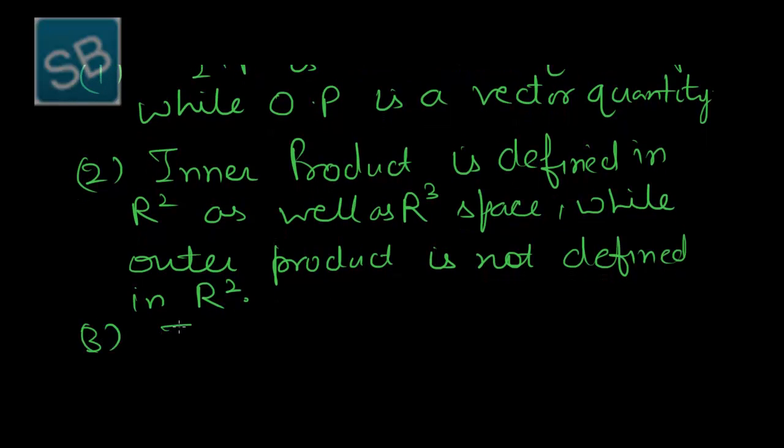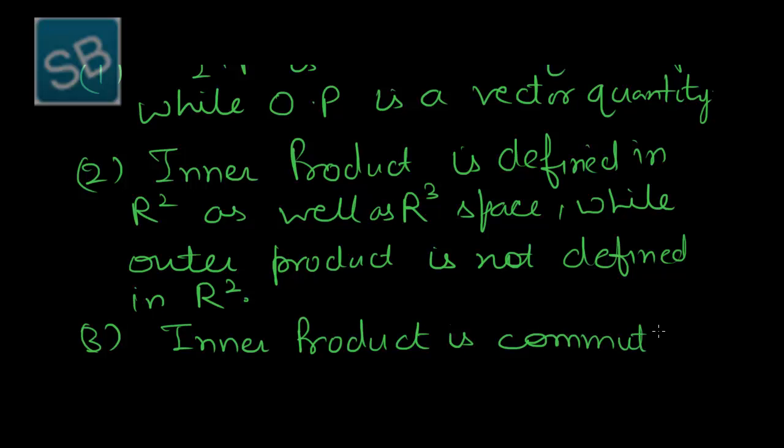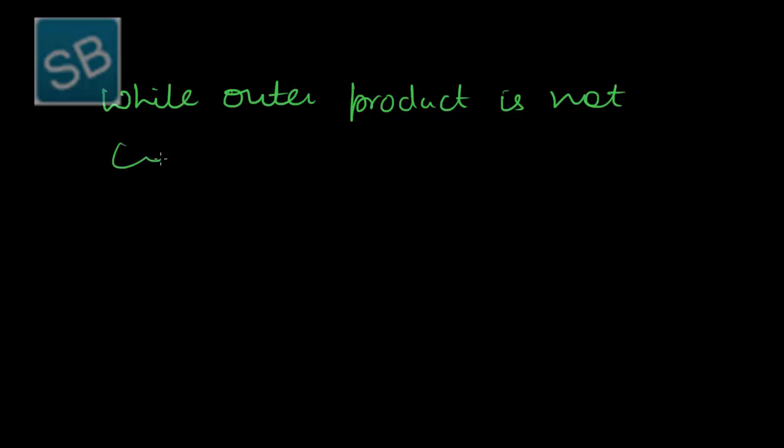Third, inner product is commutative, while outer product is not commutative.